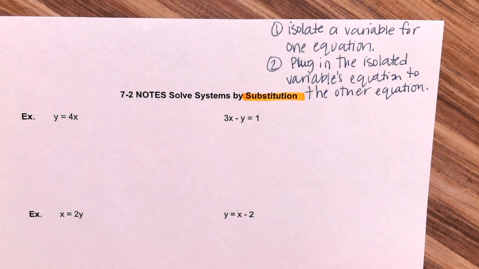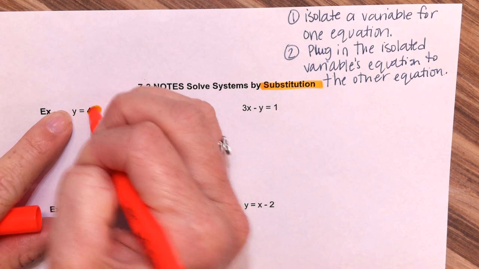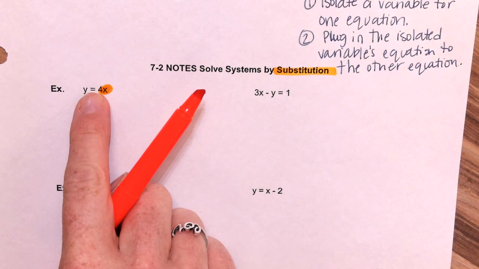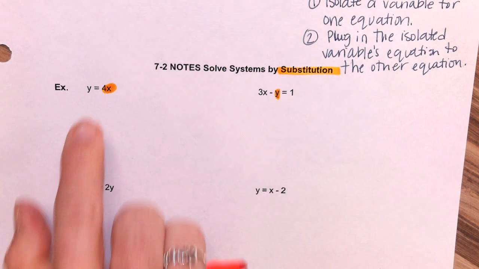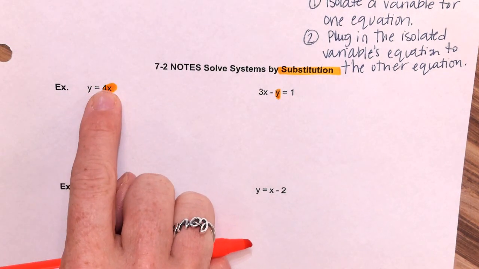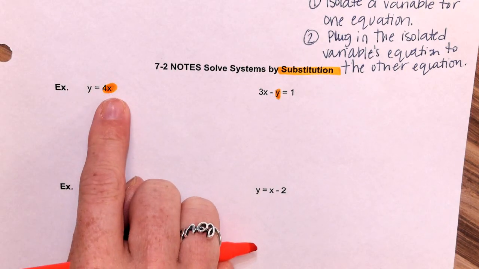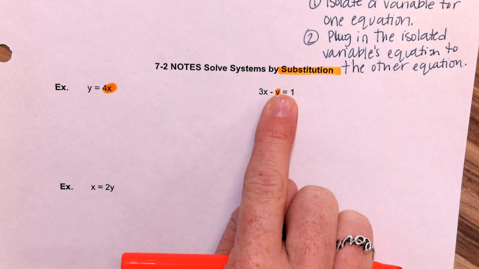So, basically, you have two equations. This one is telling you the value of y is what? So you're going to take this equation, and over here where it says y, you're going to put what instead? 4x, because this is telling you y is 4x. So over here, instead of having y, I'm going to put 4x.